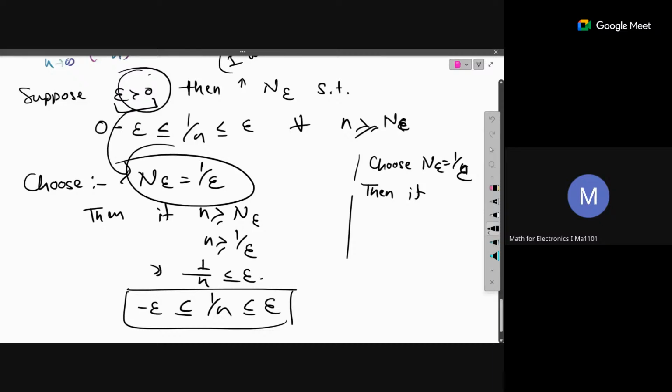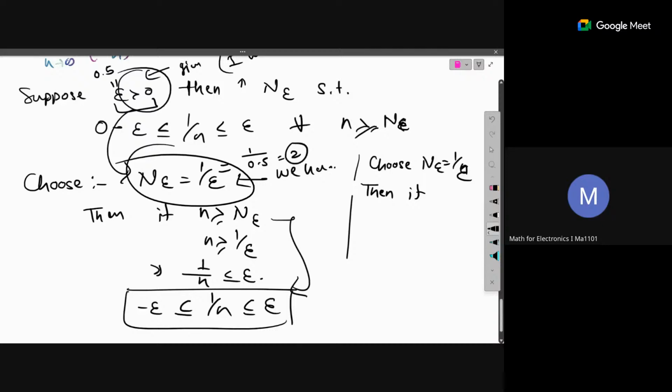So epsilon is a given quantity to us, and n epsilon is the thing we have to find. If I want to say that 0 is my limit, then for every epsilon I am able to find one n epsilon for which this condition holds. Here you can choose epsilon to be 0.5. Then what will be your n epsilon? 1 upon 0.5, right? That will be 2, correct?